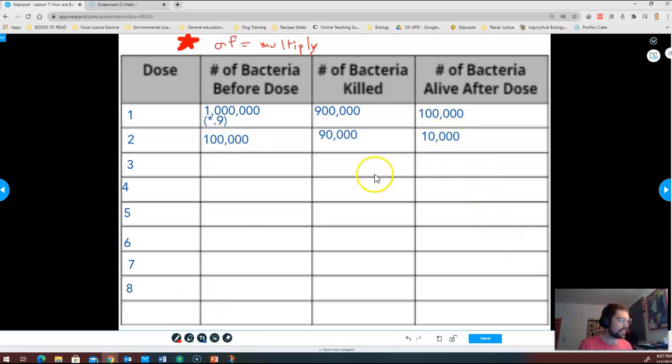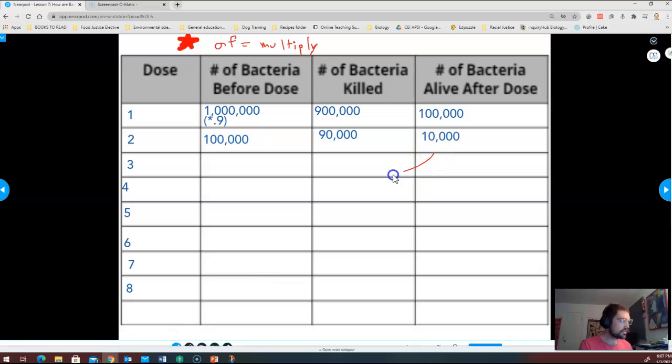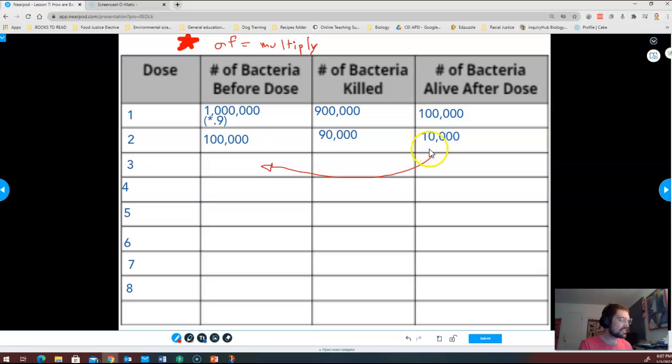So now you're going to move this down here, and then multiply this times 0.9 to find out how many of them survived, and times 0.1 of how many died, until you get to 0.